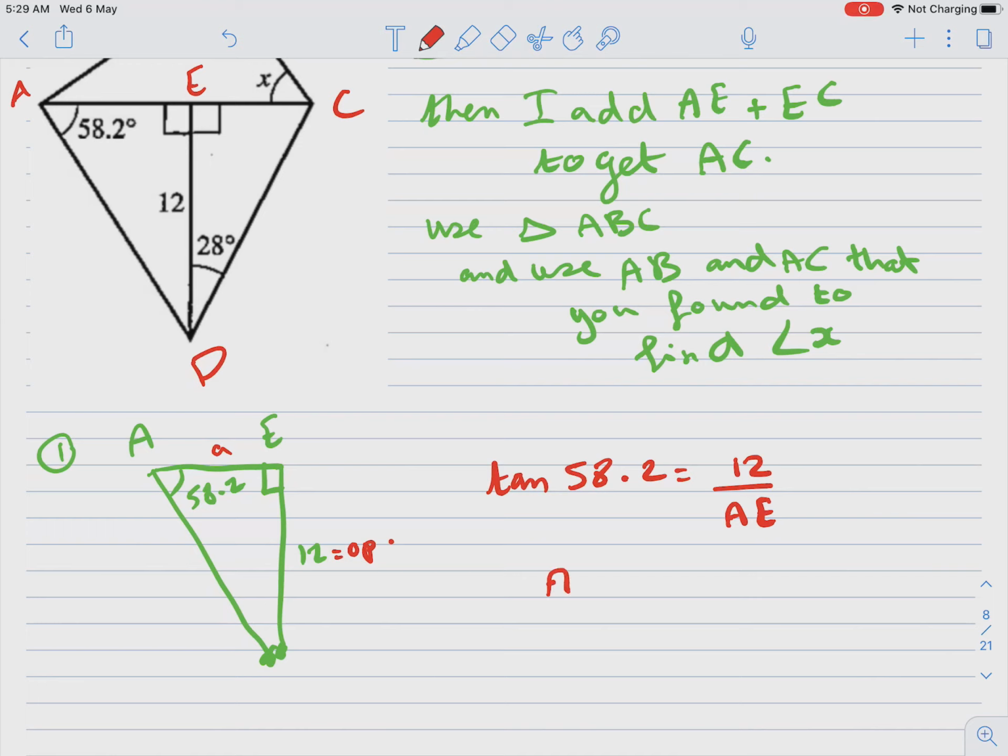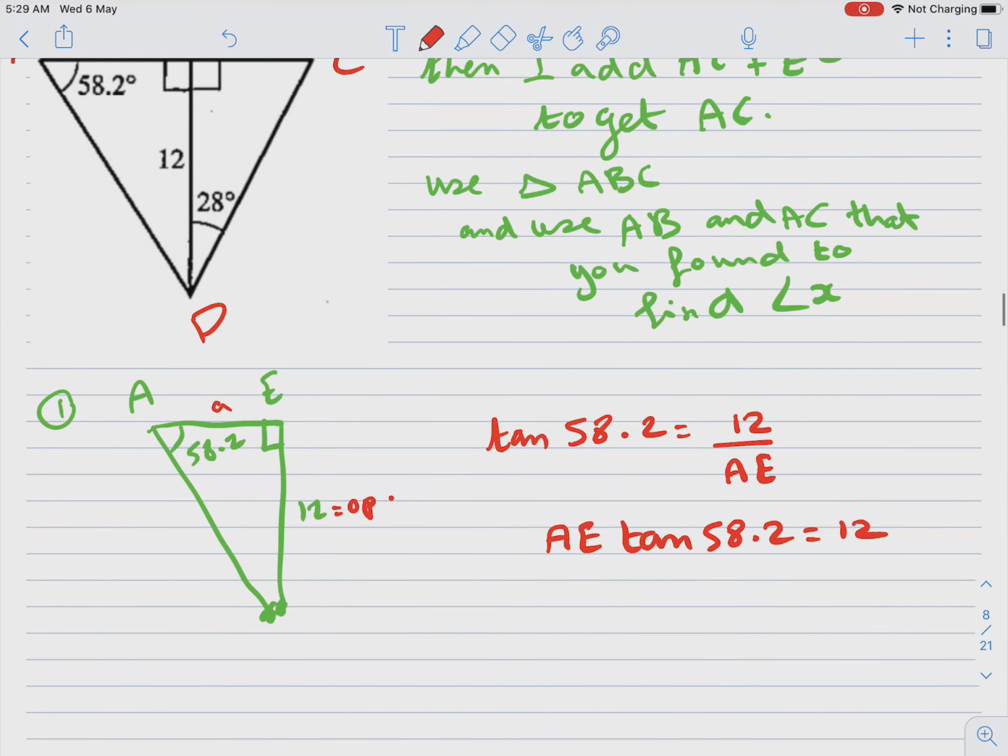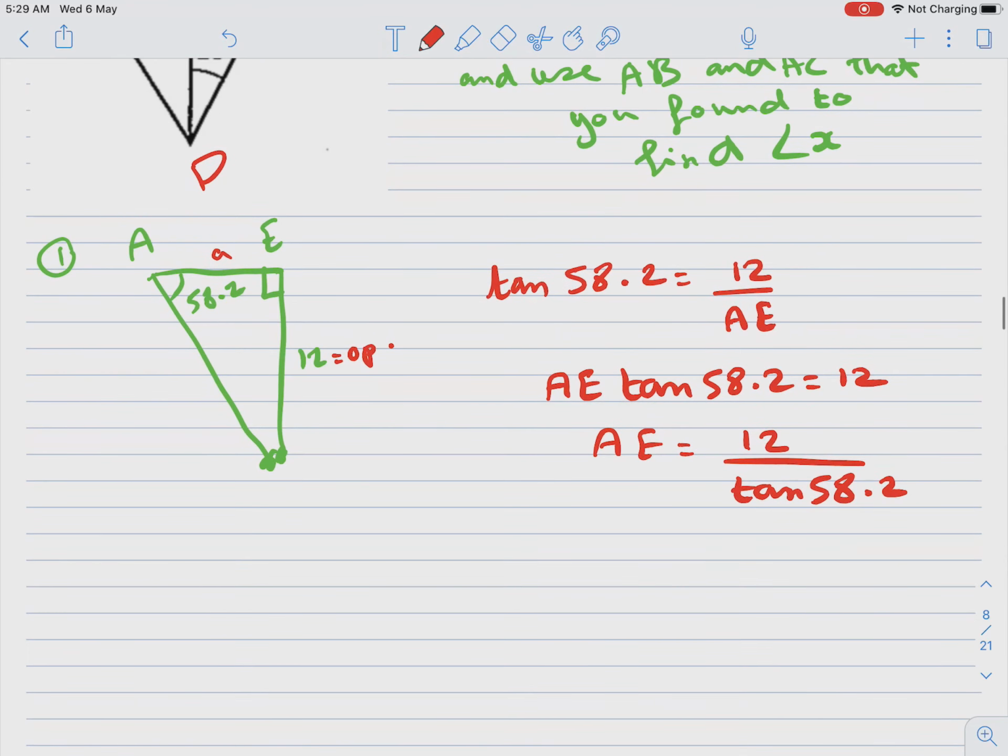Then AE multiplied by tan 58.2 is equal to 12. Then AE is equal to 12 over tan 58.2. So AE will equal 7.44.